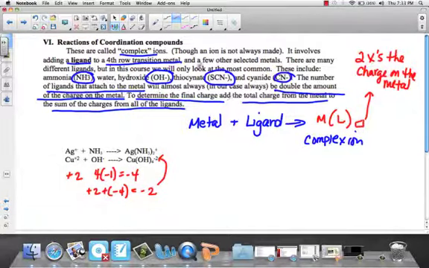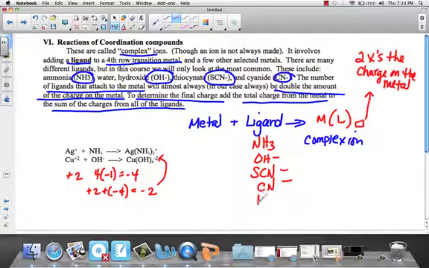Again, just to review, for purposes of this course, our ligands can be NH3, OH-, SCN-, CN-.